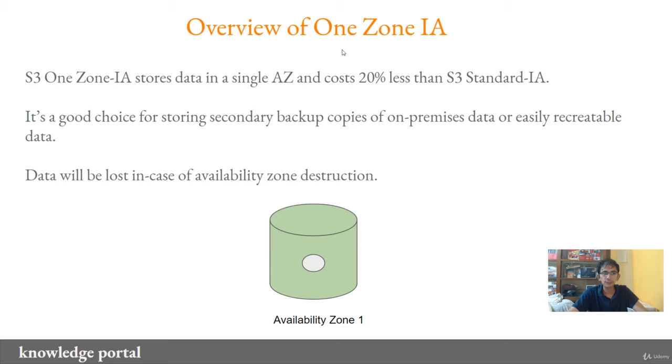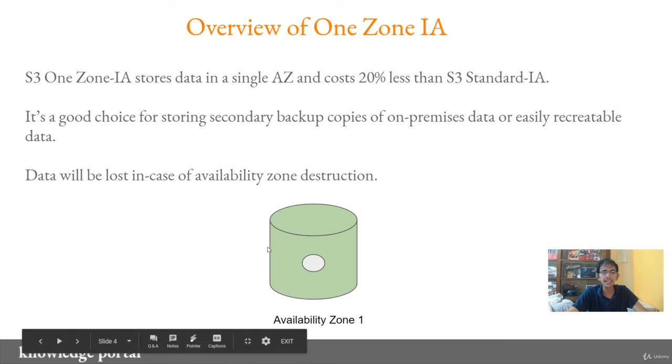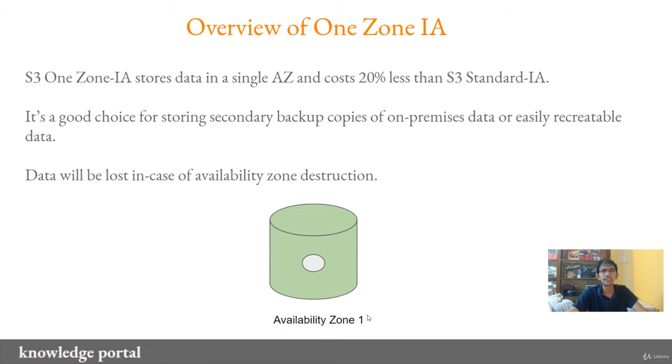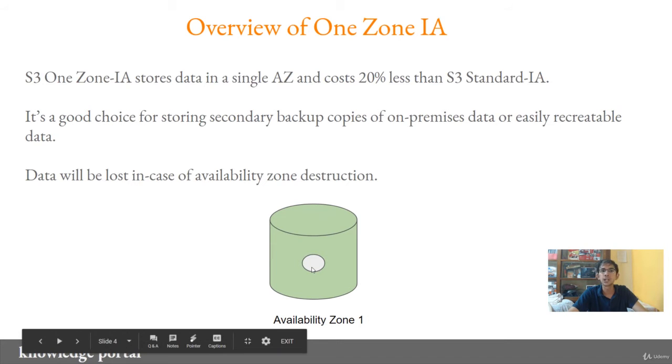Now this type of storage class is a good choice for storing secondary backup copies of on-premise data or easily recreatable data. Now this is very important. Since you are storing the data inside a single availability zone, if this availability zone is destroyed due to some reason, then your data is lost.